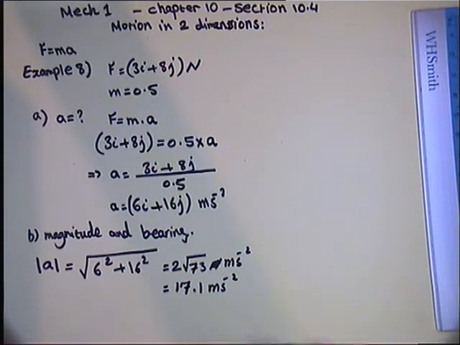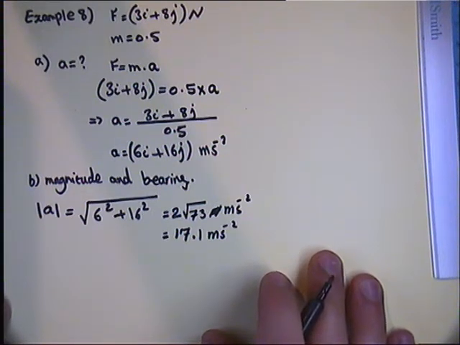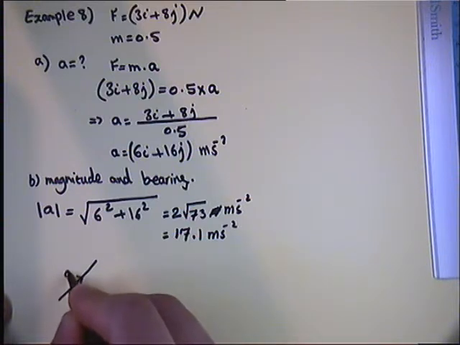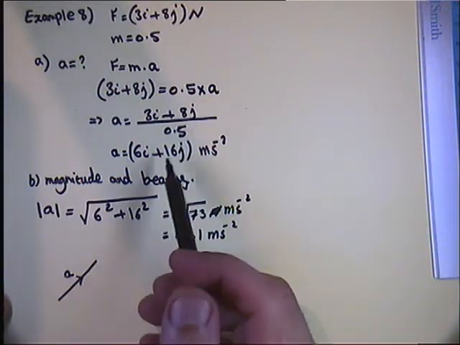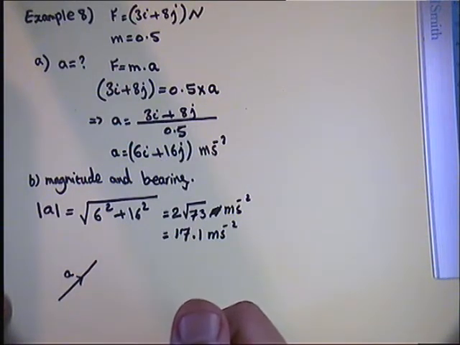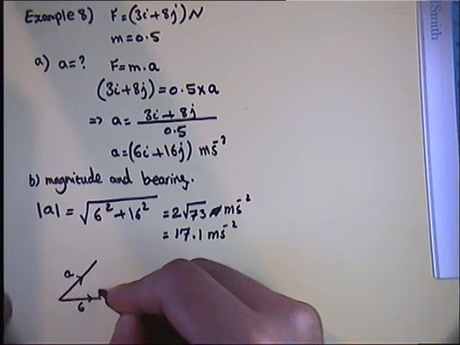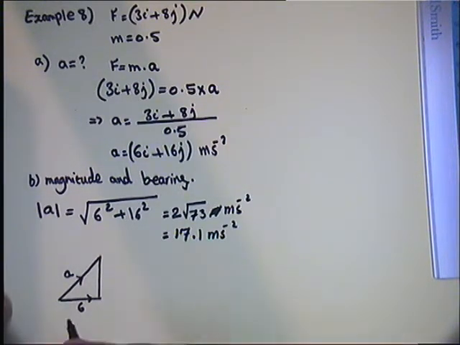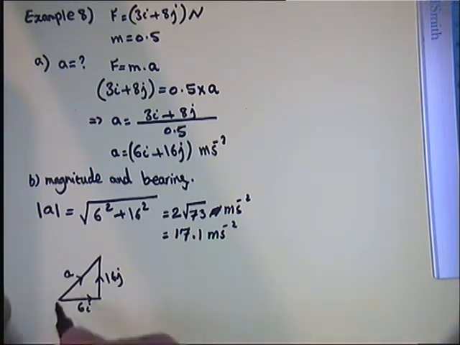To find the direction, just to make it easier, let's sketch the diagram. This is a. Because it's 6i plus 16j, it will be in the first quadrant, as both 6 and 16 are positive. Here is 6i, where i is on the x-axis and j is on the y-axis, and 16j.